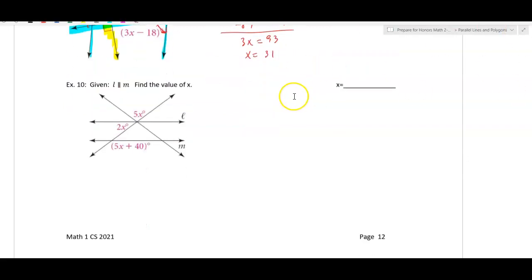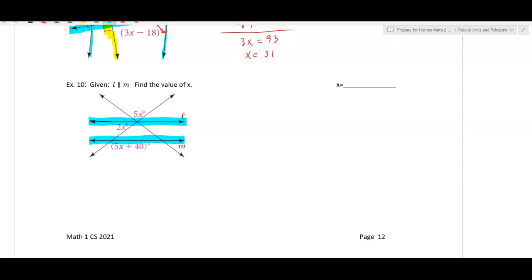All right, example 10. When I look here, 5x, 2x, no relationship, right? But if I look here, I know you have this angle here. So if I have this line, oops, these are parallel.